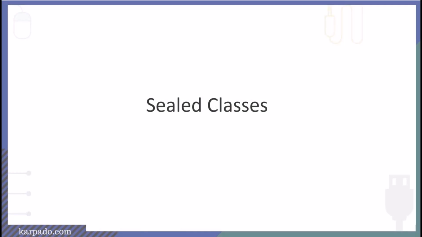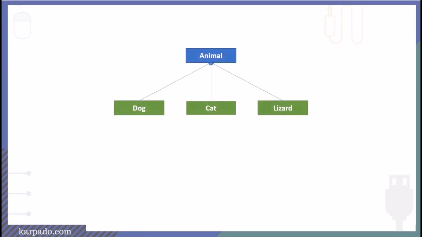Let's talk about sealed classes in Java. Assume that you have an animal class or an interface, and then you also have dog, cat, and lizard classes which want to inherit the animal class or interface. Now assume that you only want dog and cat classes to inherit the properties and behavior of the animal class, but not the lizard.